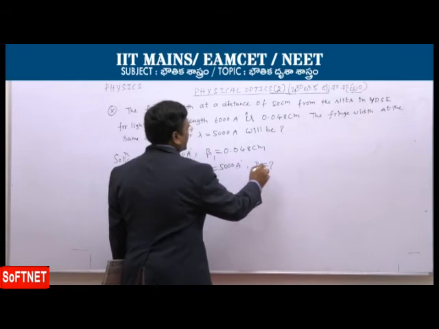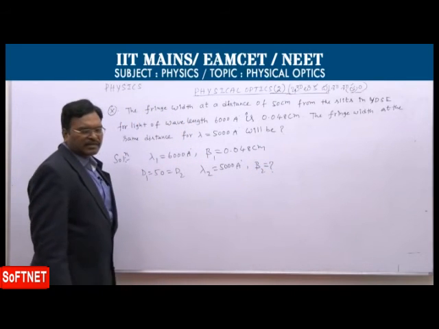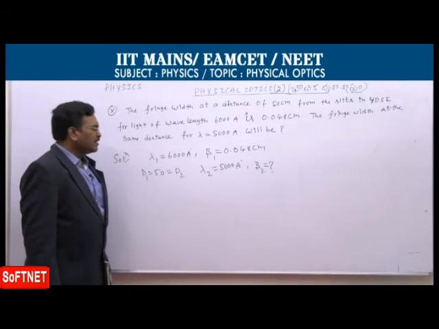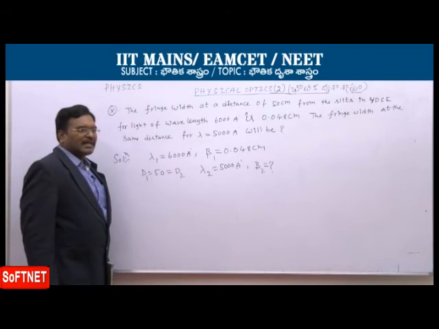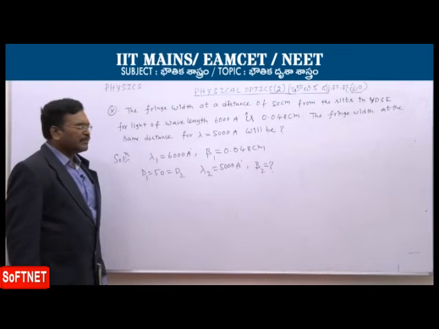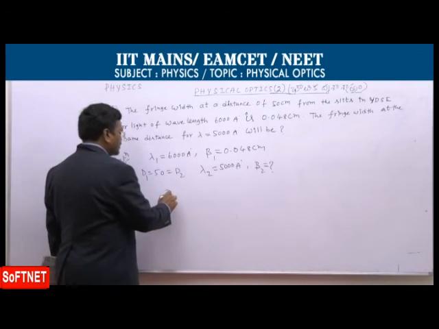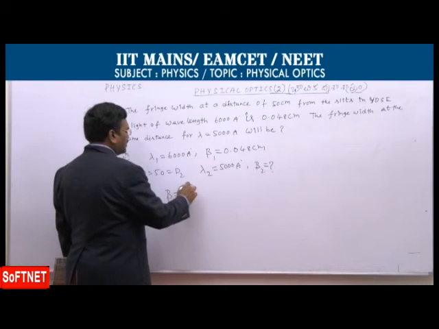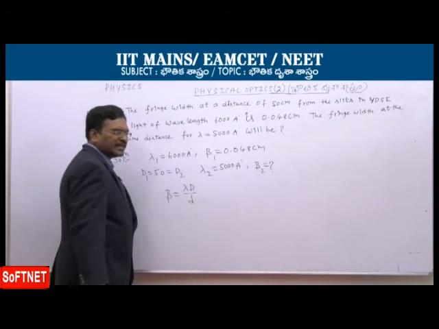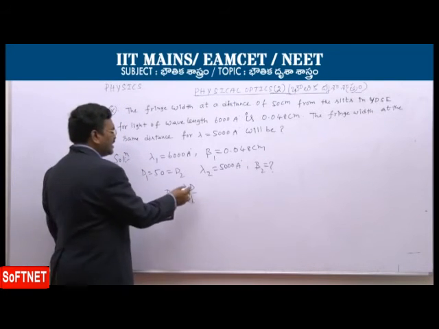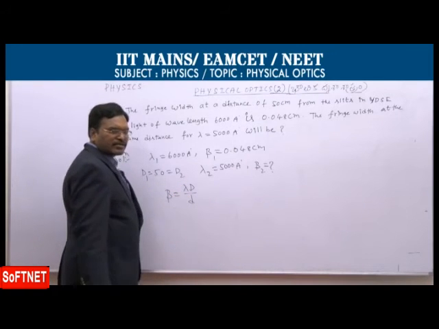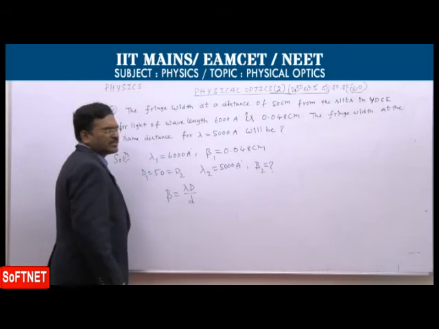First time the fringe width we take as beta 1, second time beta 2. Now what is the variable here? The wavelength is variable, so the fringe width changes. By formula, beta is equal to lambda D by d. Here capital D is constant, and small d is also constant, since they didn't talk about the distance between the slits.